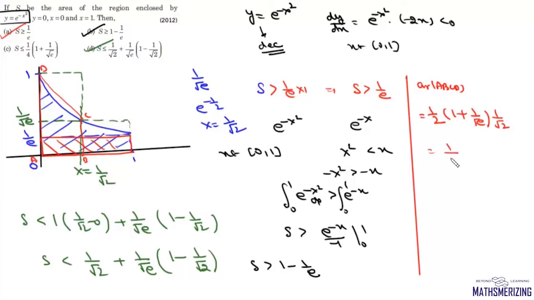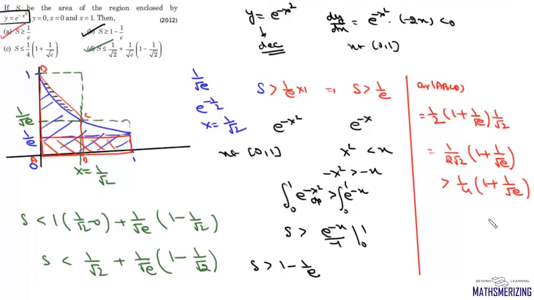So this value will be 1 upon 2 root 2 times 1 plus 1 upon under root e. Now 1 upon 2 root 2 times 1 plus 1 upon root e will be greater than 1 by 4 times 1 plus 1 upon under root e. Now we need to find some relationship between area under this curve and area of this trapezium.